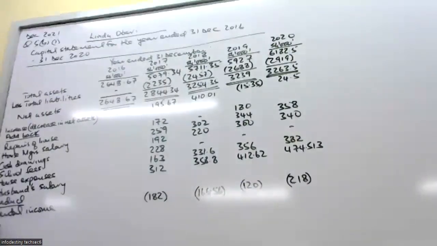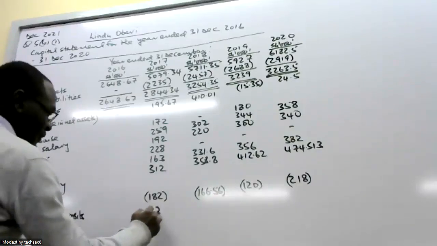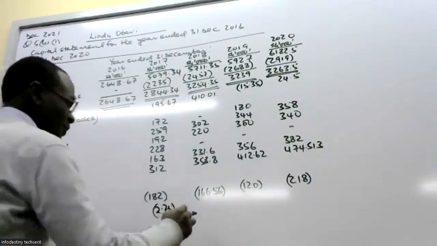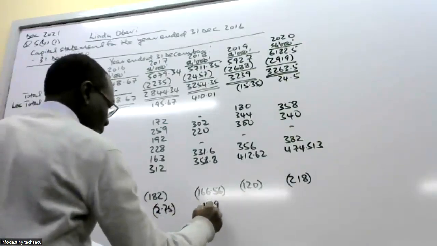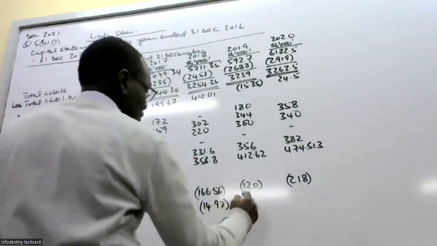Then you have interest from bank deposits. Interest from bank deposits would be 2.75. Then you have 14.97. Then you have 20.